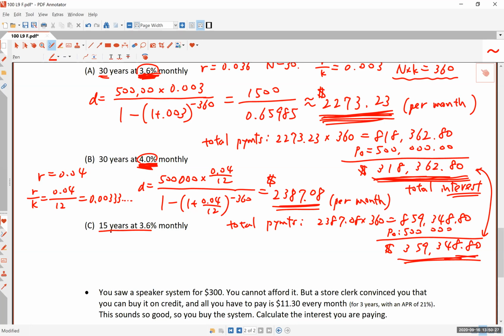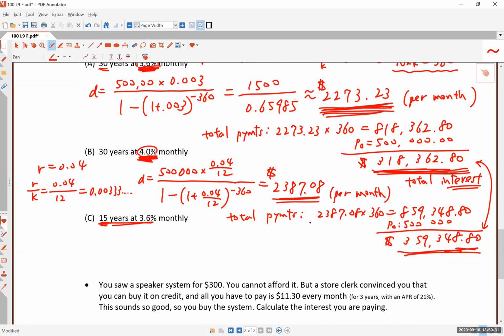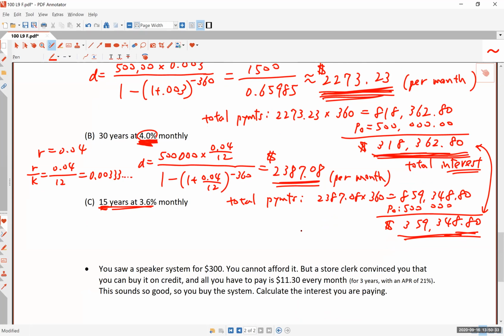One more thing, 15 years. Sometimes, if you are able to afford a little higher monthly payment, you may even think about a shorter term, like 15 years. By the way, home mortgages are often either 15 or 30 years. There are more variations these days, but typically mortgages are either 15 years or 30 years.